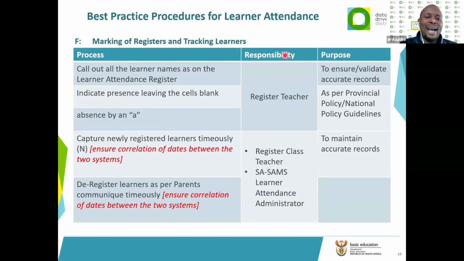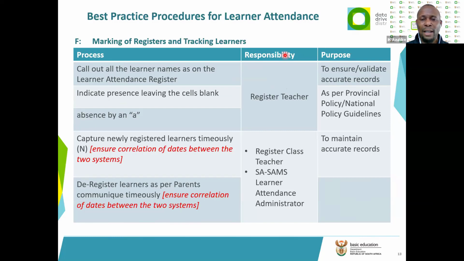Now, colleagues, looking at the last but not the least, which is the marking of registers and tracking learners. Okay, what is the best practice of marking registers and tracking learners? Number one is you have to call out all the learners' names as on the learner attendance register. Indicate presence by leaving the cells blank.